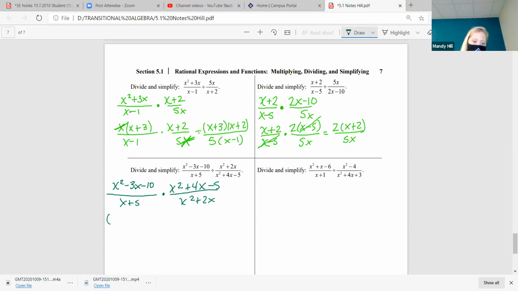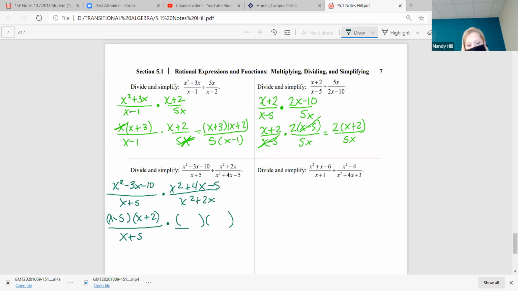Okay, so we need something that's going to multiply to negative 10, but add to negative 3. Negative 5 and positive 2, x minus 5. So negative 5 times 2 is negative 10. Negative 5 plus 2 is negative 3.